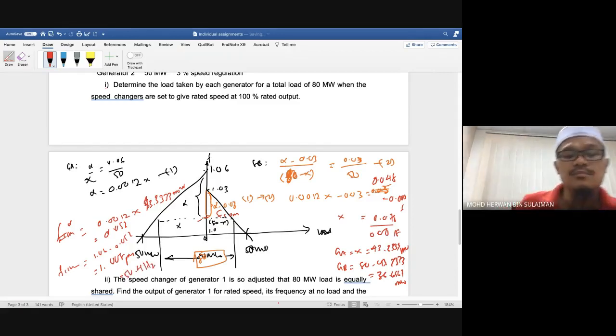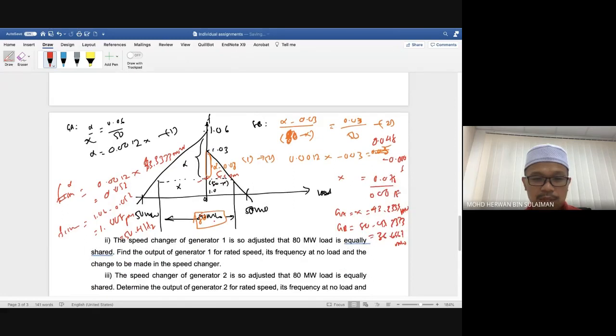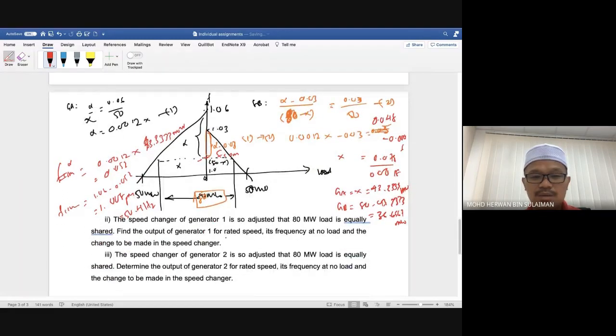Okay. Meaning that now when these two generators give the supply to the load 80 megawatts, generator A contribute 43.333 megawatts and generator B contribute 36.667 megawatts at the common frequency 50.4 Hertz. Okay. Clear? Next, the question.